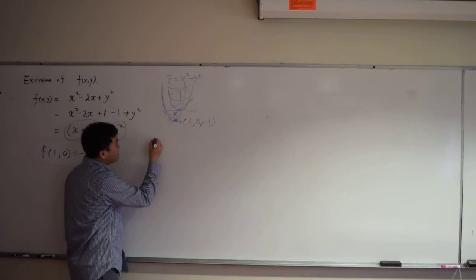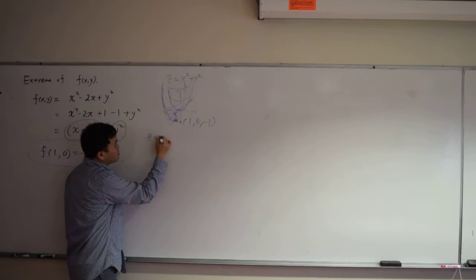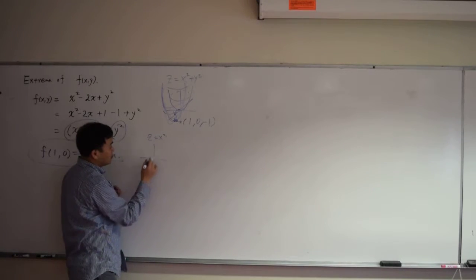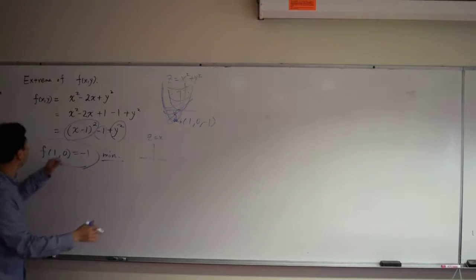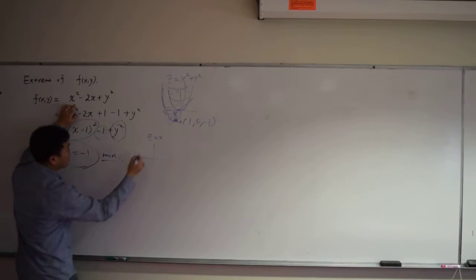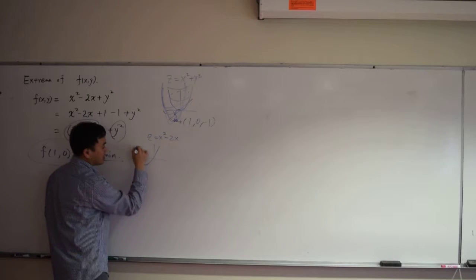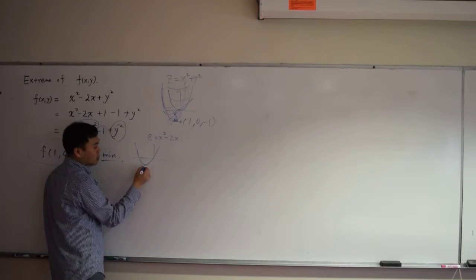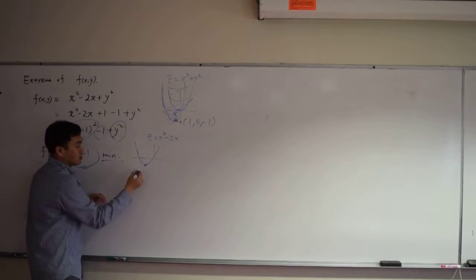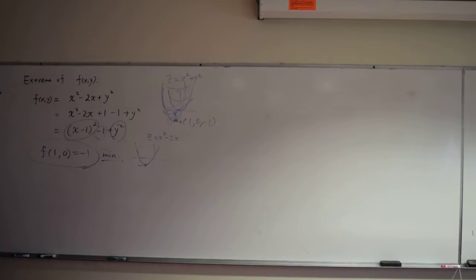If I look at the xz trace, z equal to x squared minus 2x, it looks like this. That's the xz trace, right? And we're really trying to find the derivative in the x direction at that point. What is it?